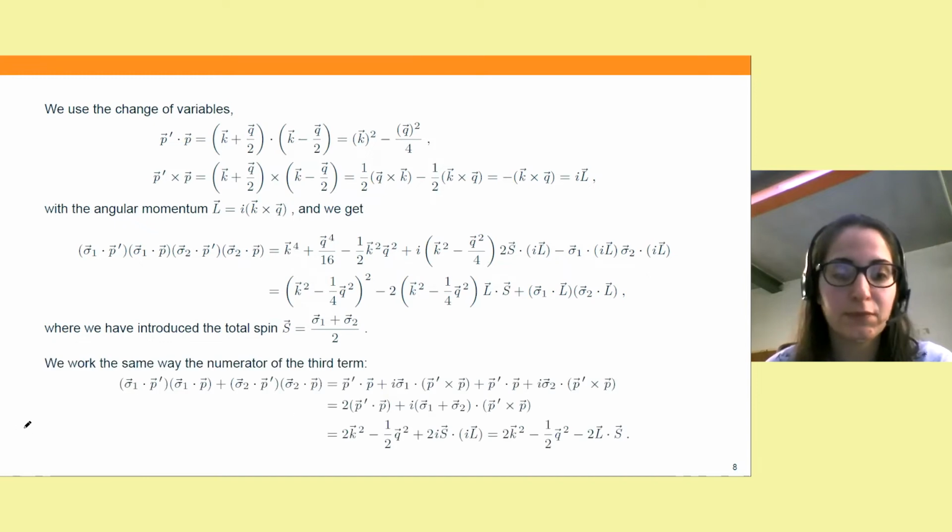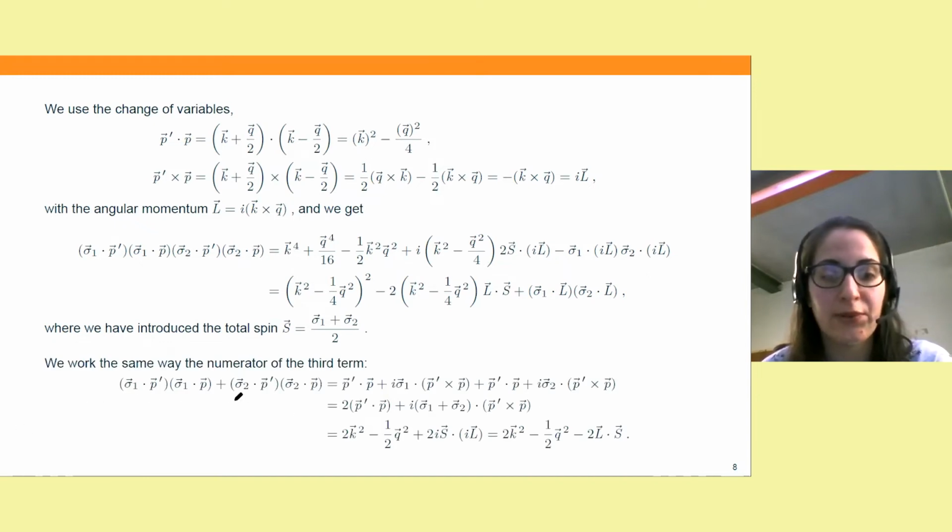Okay. So now we can do the same for the numerator of the third term.